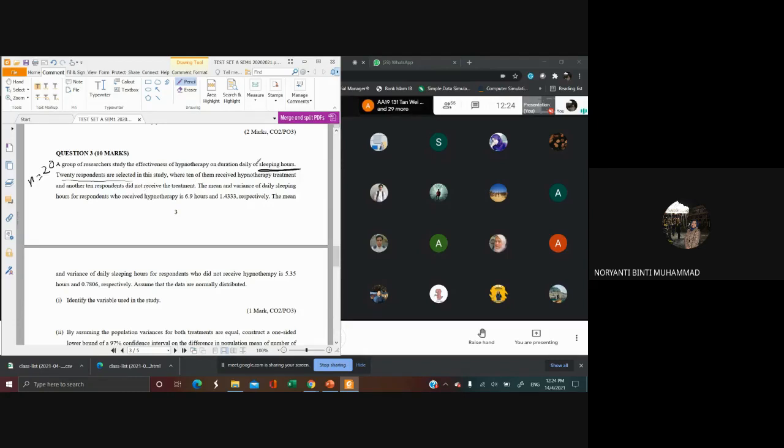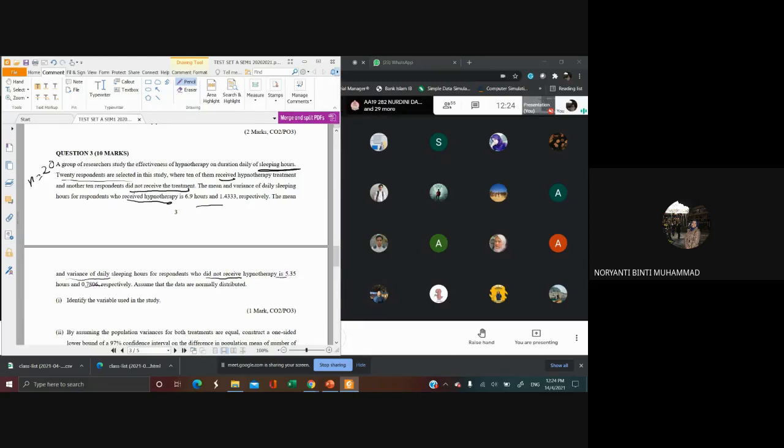So you can see that you have received treatment, not received treatment. That means you have two outcomes, receive and not receive. And then you have the mean and variance of daily sleeping hours for respondents who receive hypnotherapy, this one. And the mean and variance of sleeping hours for those who did not receive, this one.